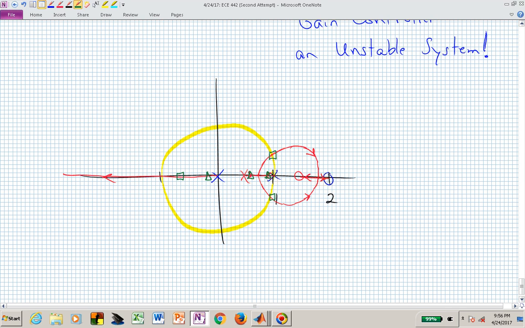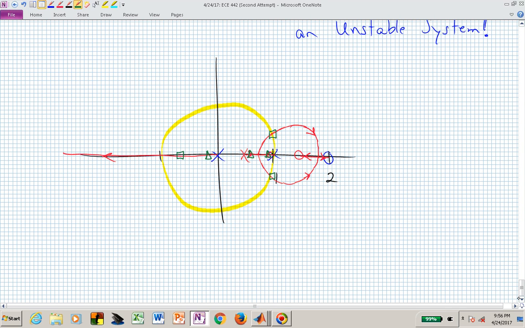Our two poles now will approach each other, let's say between 1/2 and 1. They will break away, they will re-enter, and they will come down between the two zeros, and one will eventually go to a zero at, let's say, 1.5, and the other to a zero at 2.